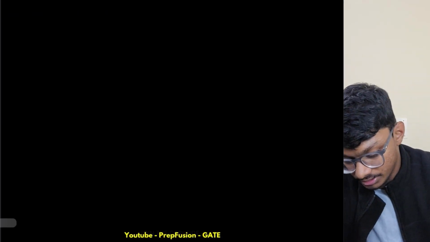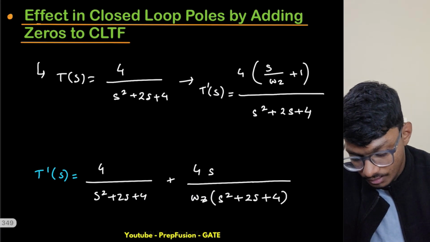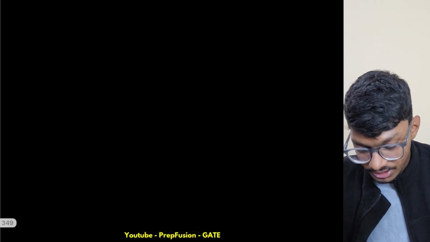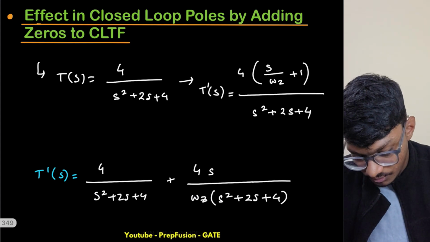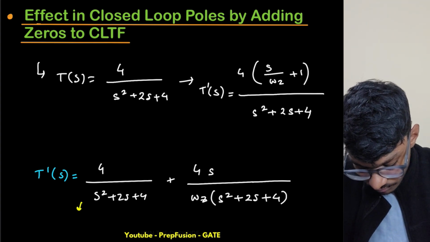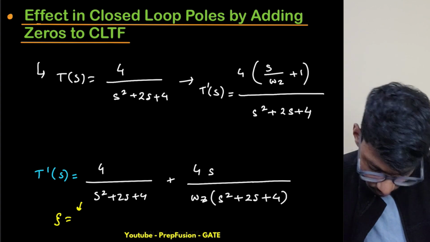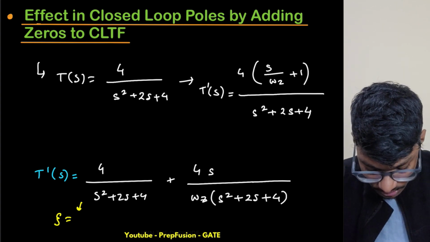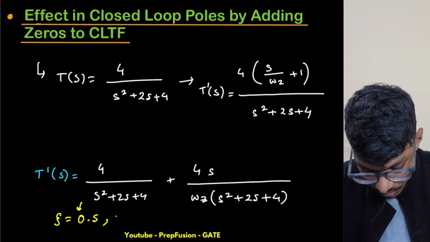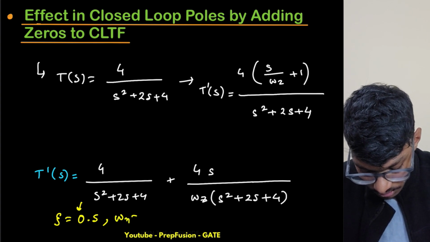I'm drawing the step response of only when my transfer function is this. So how will the response look? Again, what is the zeta here? Zeta here is 0.5, and omega n is 2.